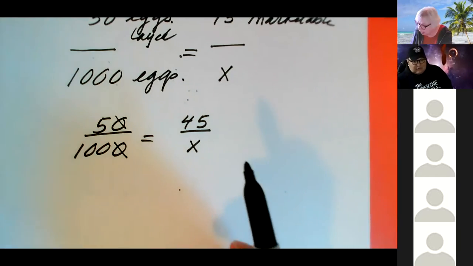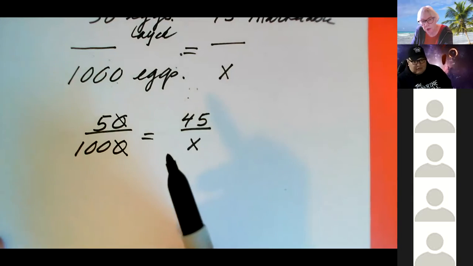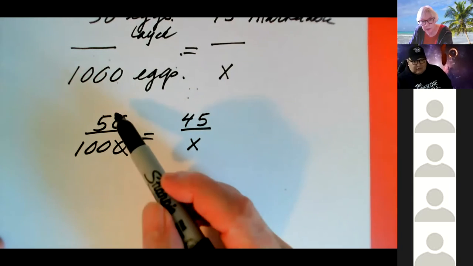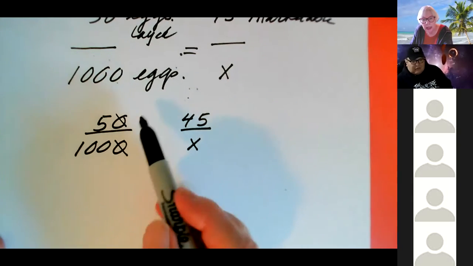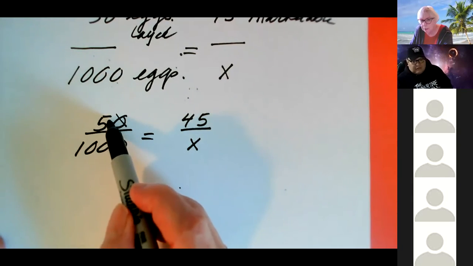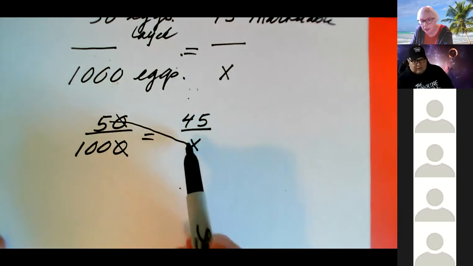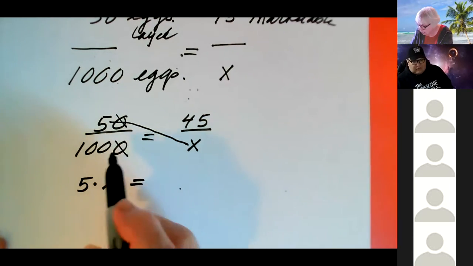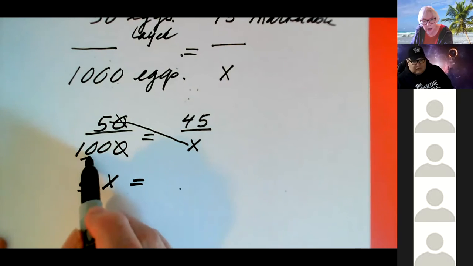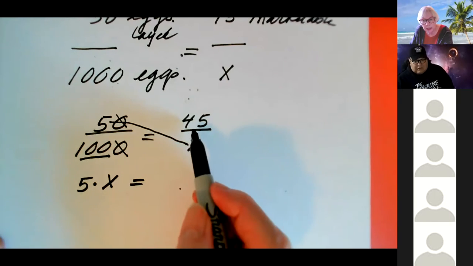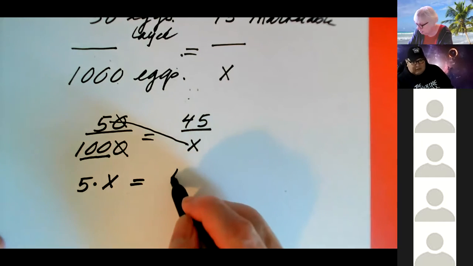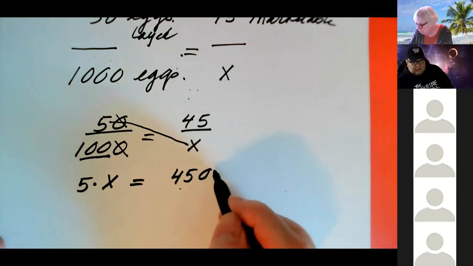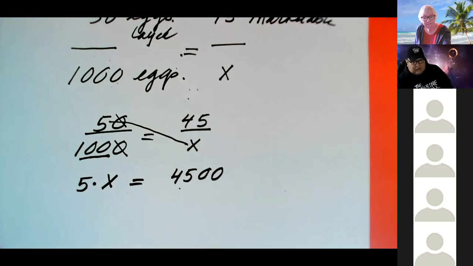But I don't think this is going to be a bad problem. So I'm going to just take a pair of zeros out like I just did and just multiply 5 times x is 5x. I notice this is going to work out good. This is 100 times 45. This is 4,500. Plus 100.